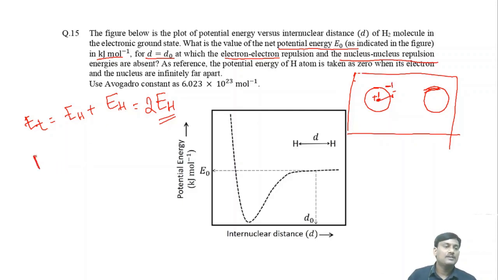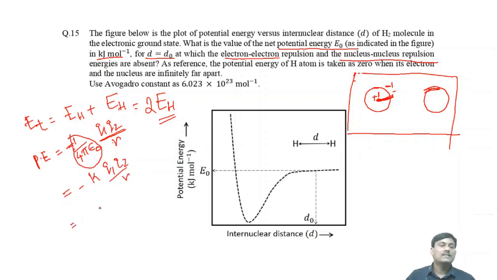The potential energy for hydrogen atom is equal to -1 by 4 pi epsilon naught q1 q2 by r, where r is the distance between these two, the Bohr radius. 1 by 4 pi epsilon naught can be written as k, so the potential energy is minus k q1 q2 by r.